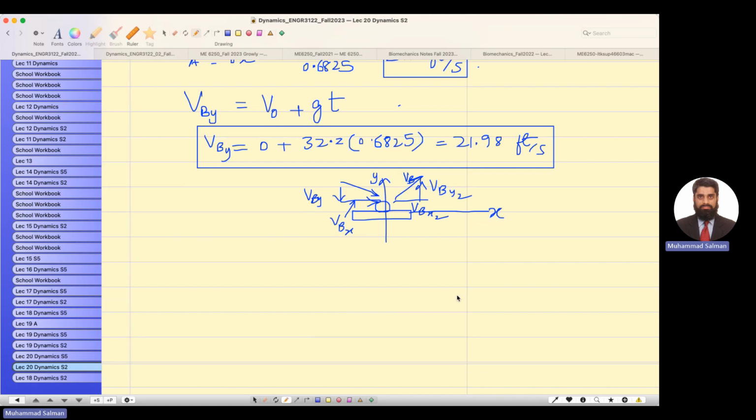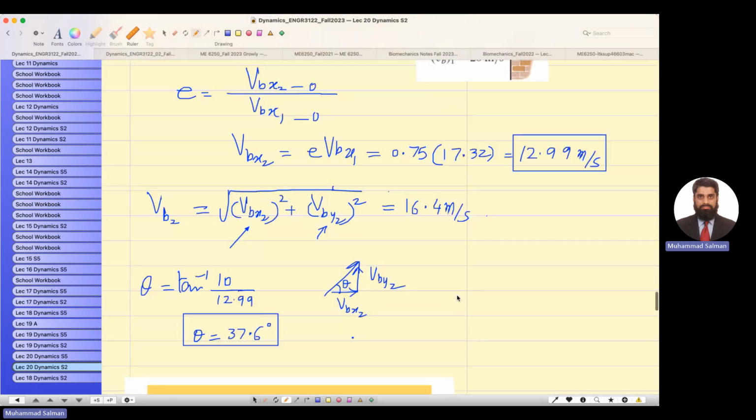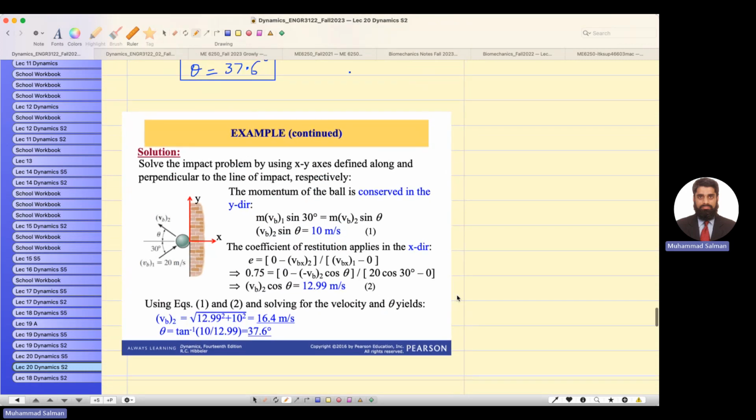Now guys, because we have done the first part, velocity we have found. I'm asking about VB, the final velocity after the collision. How can we find it? It's a similar problem to the one we did over here. The ball hit the wall, now the ball hits the floor. We have to find the coefficient of restitution, and the coefficient of restitution is along the line of impact.